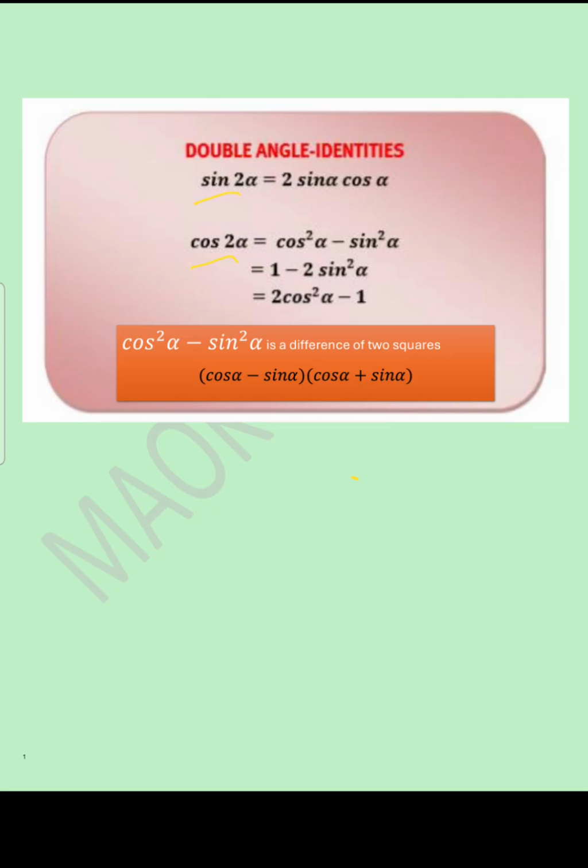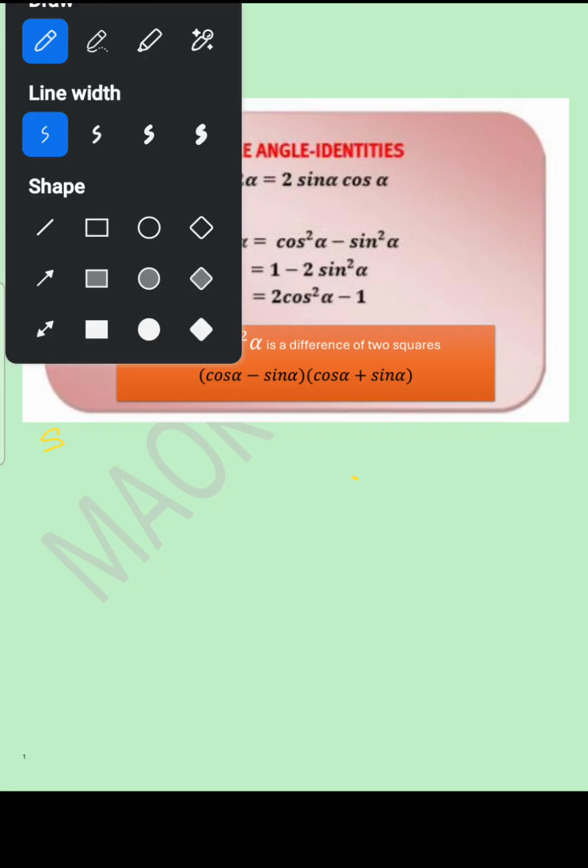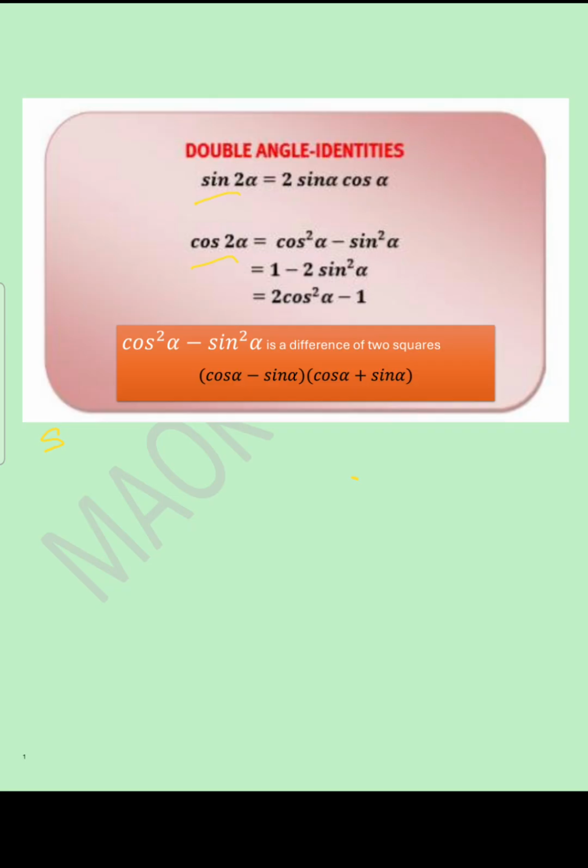So sine alpha, let me start with sine, where it comes from. Sine 2a. We want to know where its double angle identity that we see here comes from.